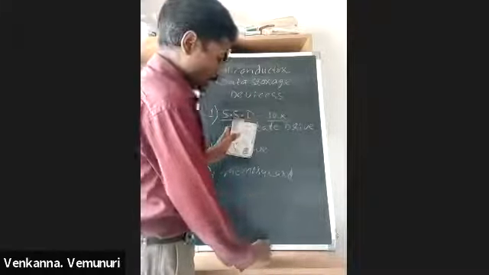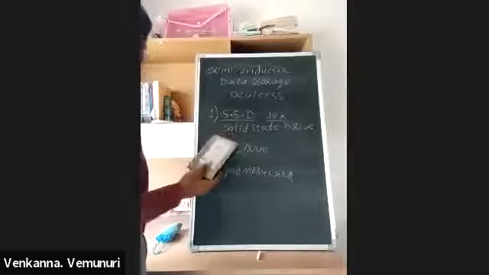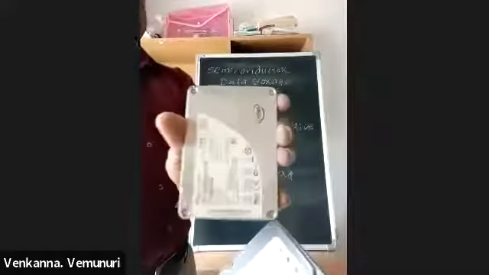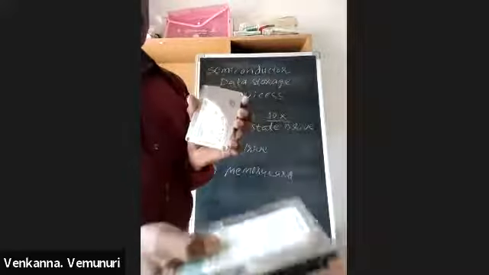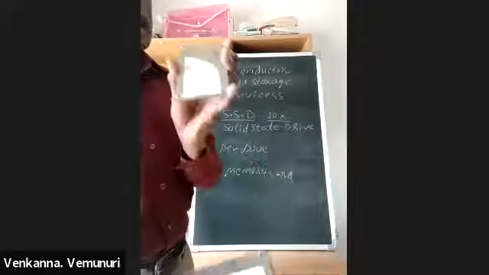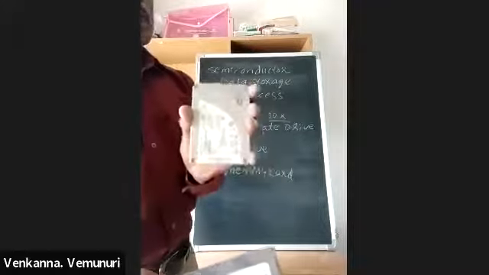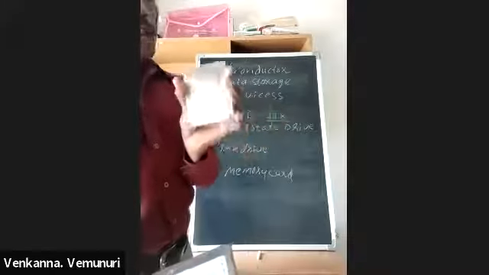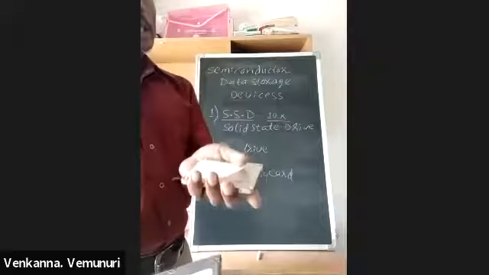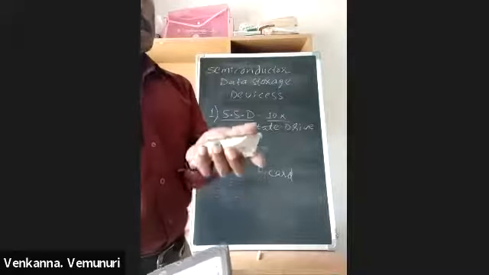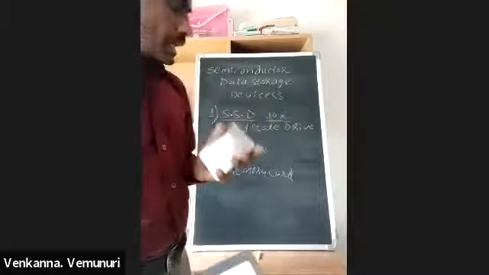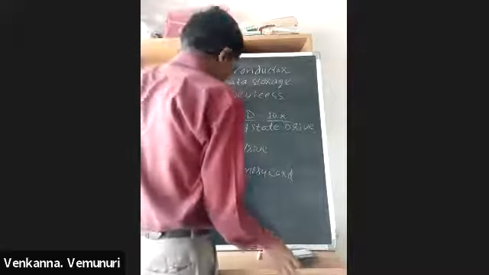This is a normal hard disk. This is a solid state drive. This is 2.5 inch size, and this is a bigger size and heavy weight. This is lightweight, and it is 10 times faster. This is the advantage: small size, lightweight, 10 times data transfer speed for read and write.